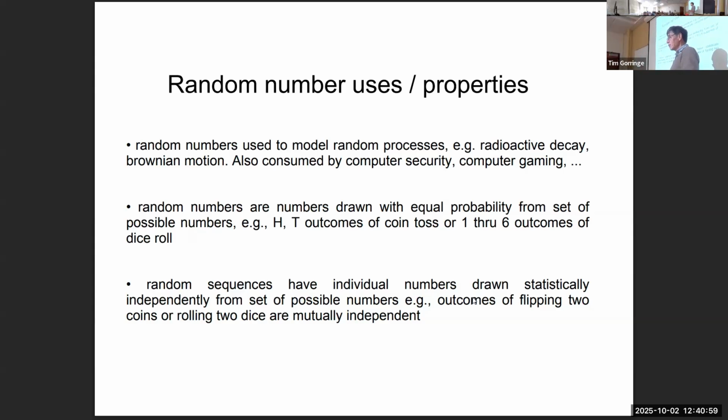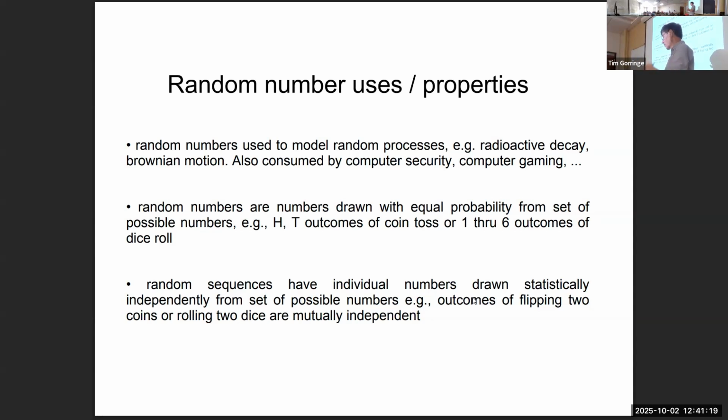Likewise for rolling a dice. The complete set of numbers is 1, 2, 3, 4, 5, 6, and random dice rolls would be equal probability selection from that complete set of outcomes.